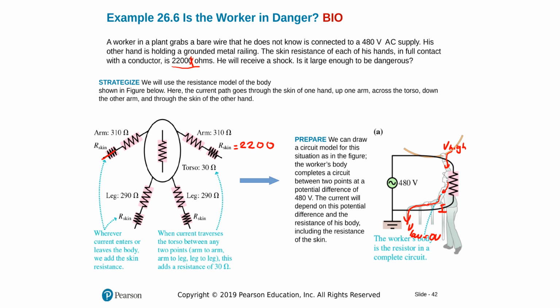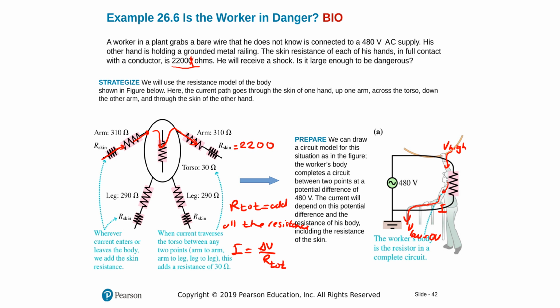As he touches, here is the circuit that forms, passes through his torso, and so on. What we do is find R total, add all the resistances across, and find current using delta V over R total.